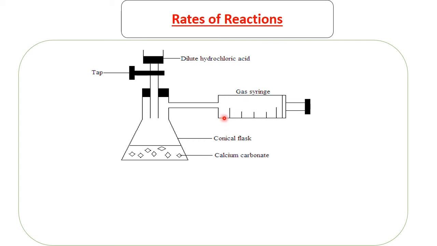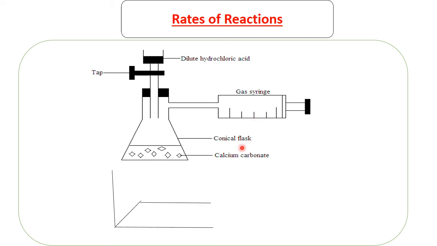So we can measure the increase in volume of the product as the change in product, which we can use in our equation. As the reaction is proceeding, we keep on recording the volume as the time is proceeding, and then we plot a graph of volume against time.